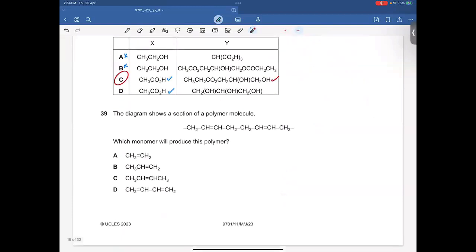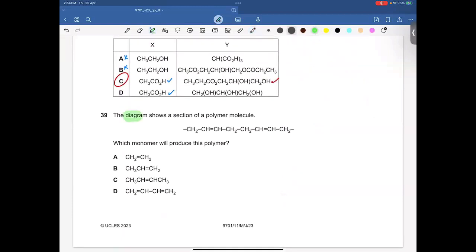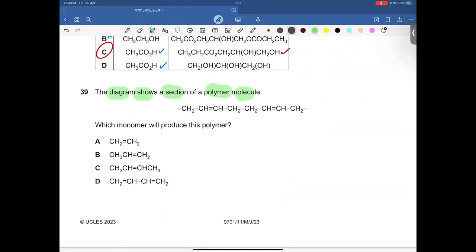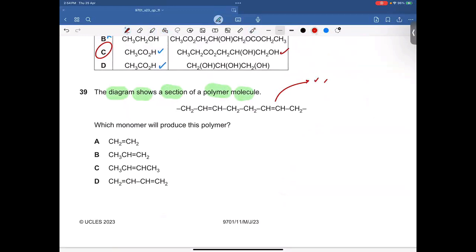Question number 39. Oh my goodness. The diagram shows the section of a polymer molecule. Oh my goodness, this is addition polymer. First of all, this is addition polymer. And addition polymer always forms through alkenes.